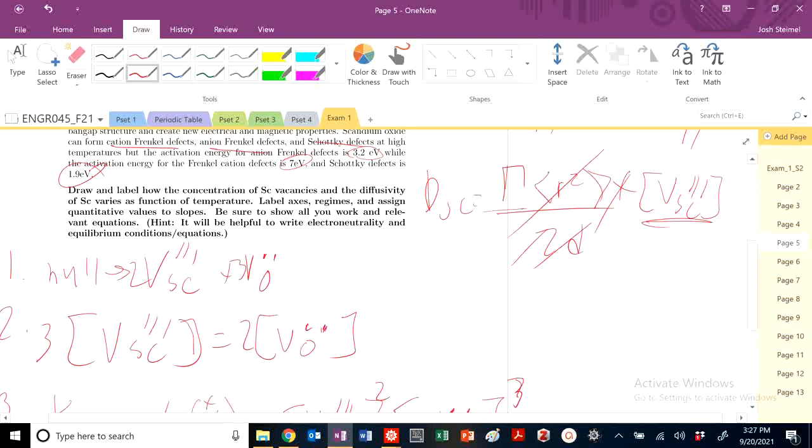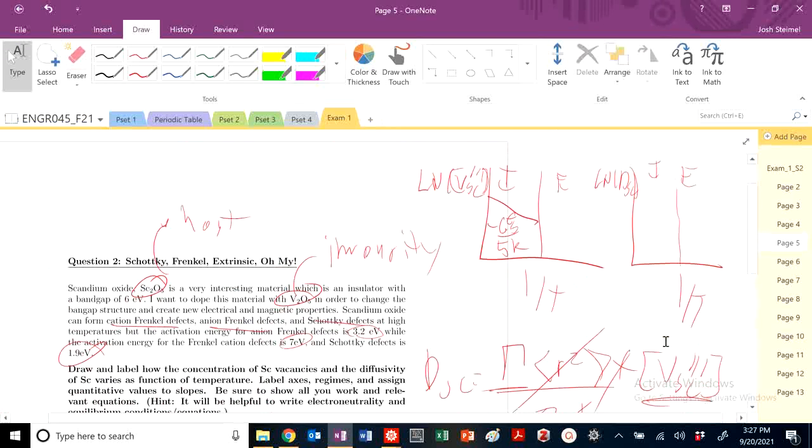There's definitely a temperature term here, because my jump rate is proportional to exponential of minus G migration over kT. So for my intrinsic diffusivity, it's minus G formation of Schottky over 5k, minus G migration over kT.